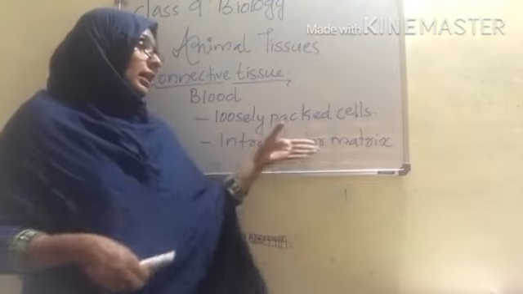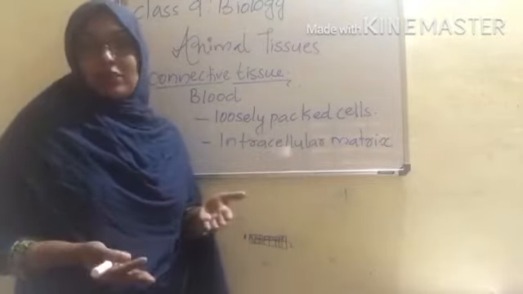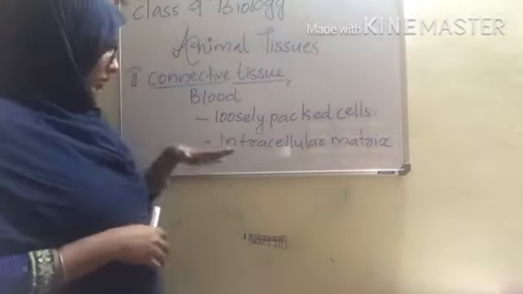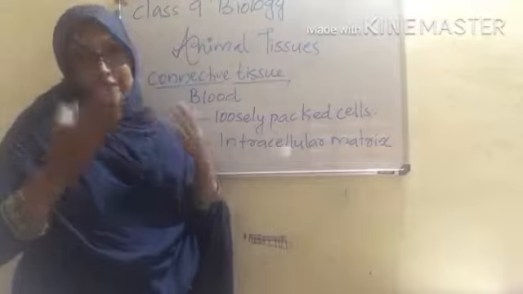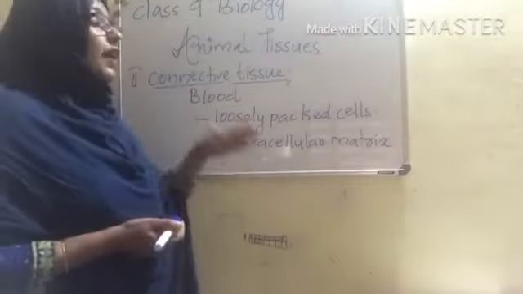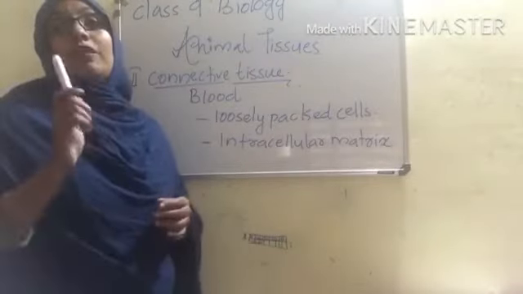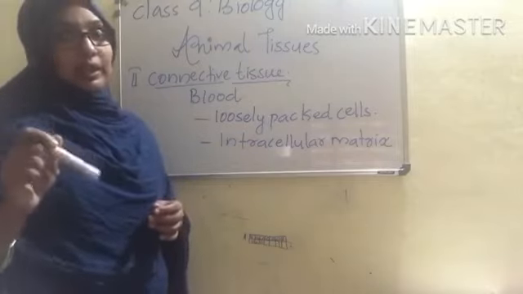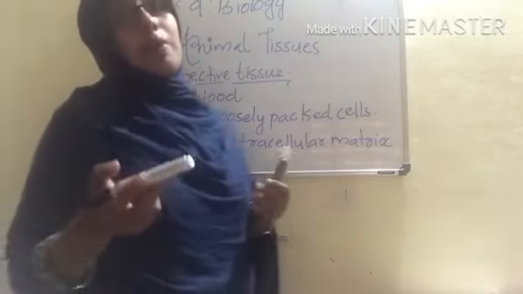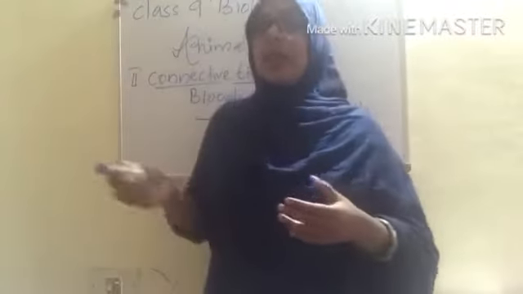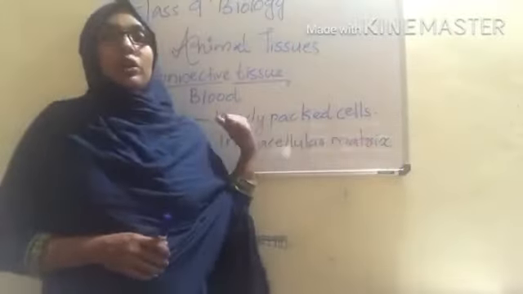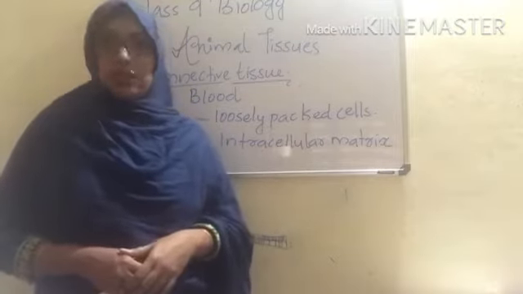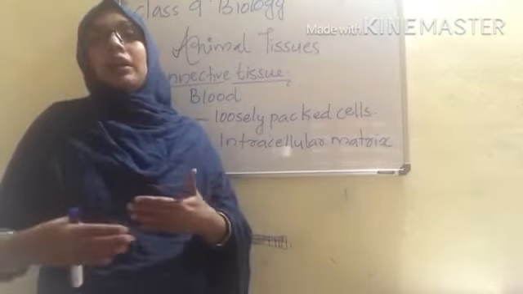So the composition of the matrix is determined by the functioning of the connective tissue that is present. Clear? So based on the type of connective tissue present, the property or the composition of the intracellular matrix can differ.